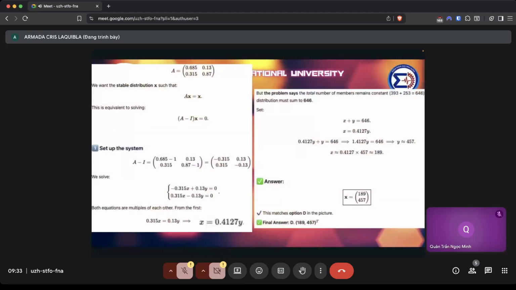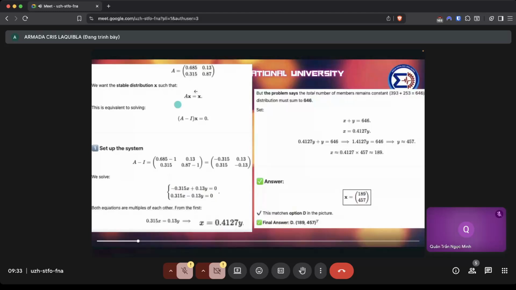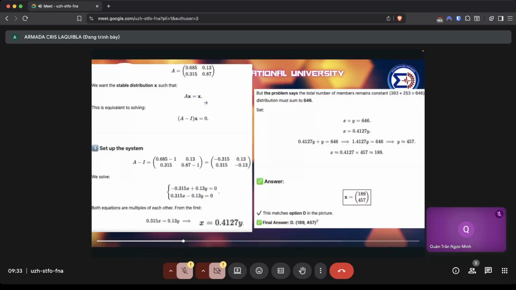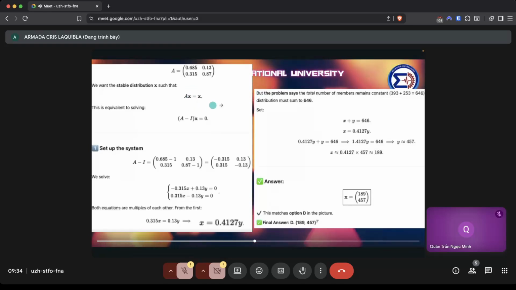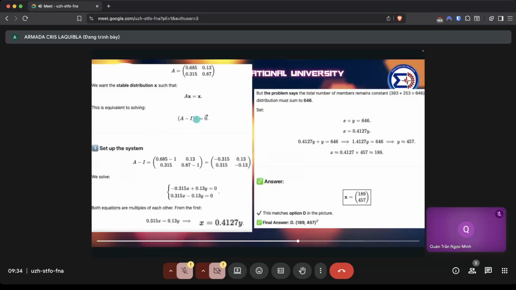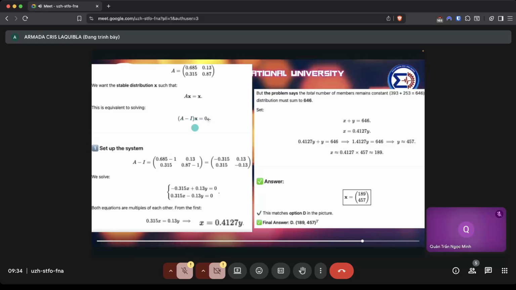Okay, so Ax equals x. When you do this, you transfer x to the other side, so it becomes Ax minus x equals 0, and your x is equivalent to Ix. That is why you can factor out the x, so that's (A minus I)x equals 0.